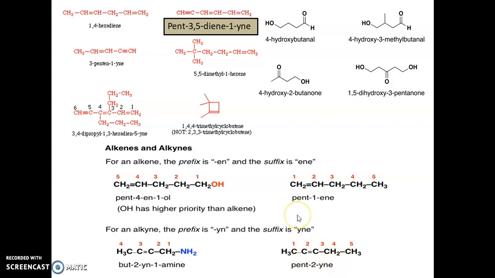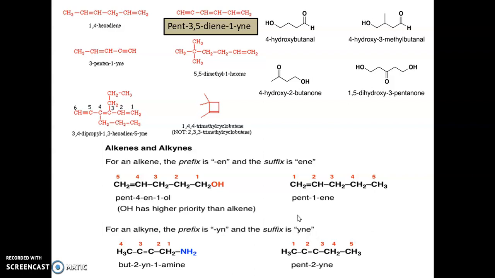Okay, so these are a few examples of organic compounds and how to name them. Questions of 1 mark or 2 marks can come in your exam: write the IUPAC name of this compound. Though you cannot expect this question this year, because IUPAC nomenclature is in the first chapter of organic chemistry, which has already been deleted by the board.